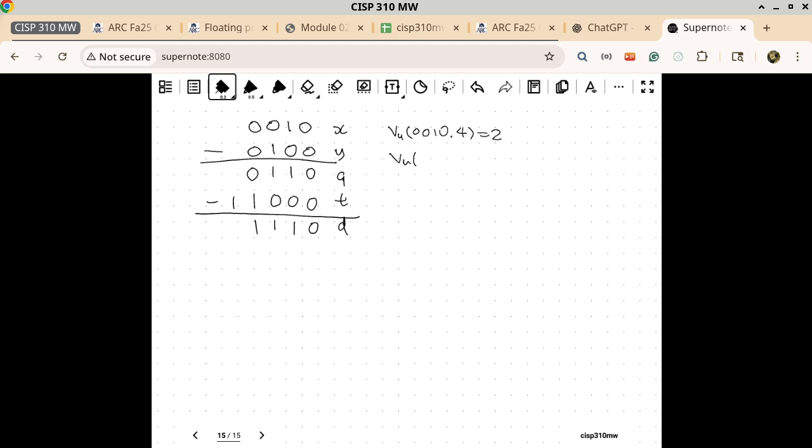The VU of 0100 is a 4. So 2 minus 4 is supposed to be a negative 2, but we have a 14 here. So we have a result of 14, but we also have a borrow. The borrow looks like a 1, but because it is on digit 4, that means the actual amount that we are borrowing is a 16.